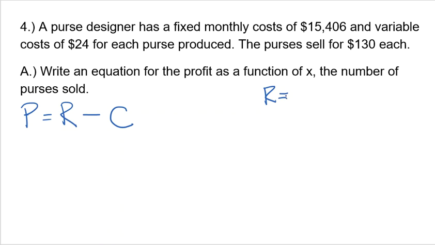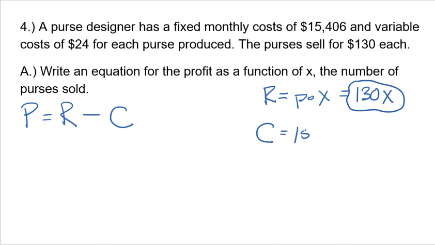The revenue is the price times how many units you sell. Well, we already know our revenue is $130 for each purse. So that's 130x for my revenue. The cost to create a purse is a fixed cost of $15,406 plus $24 per purse sold.